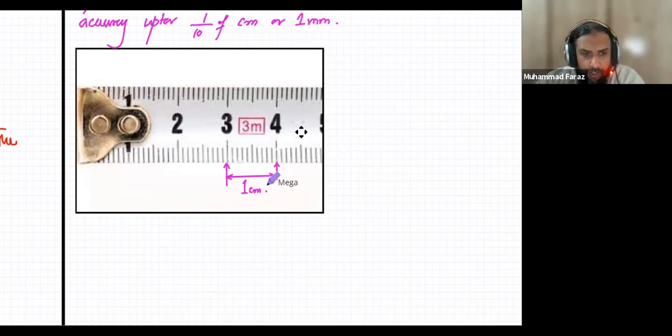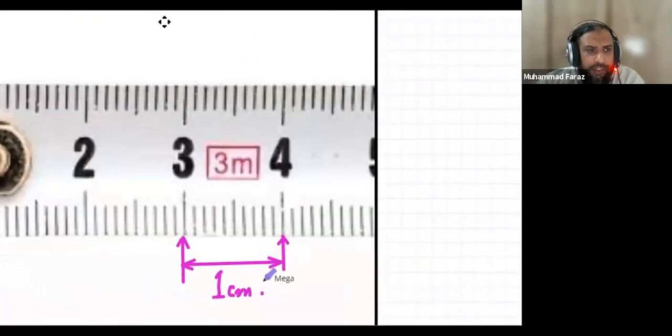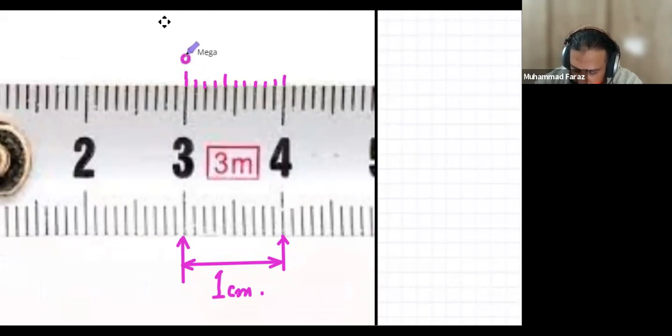But if you look more closely over here, how many small divisions are there? 1, 2, 3, 4, 5, 6, 7, 8, 9, 10. So if we start from here, we will have 10 divisions.